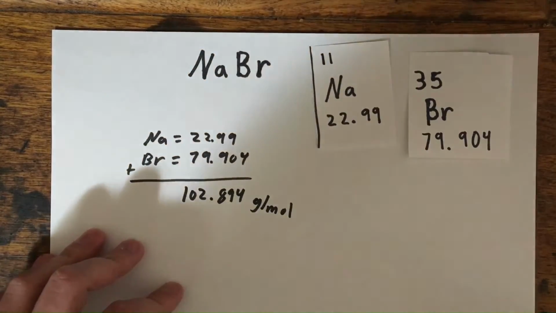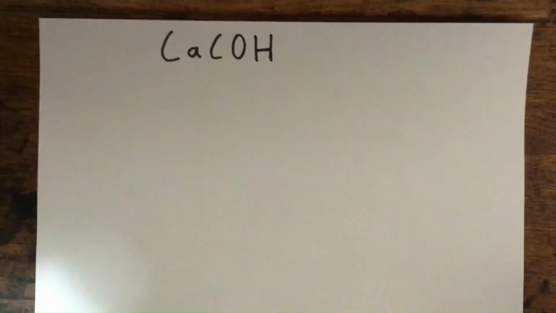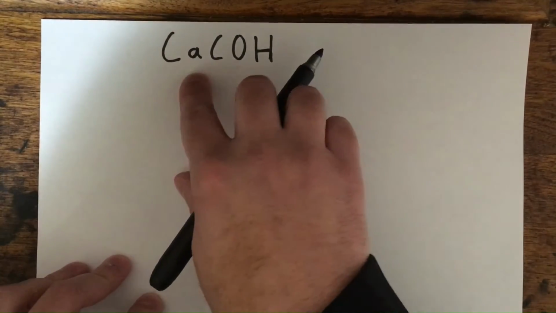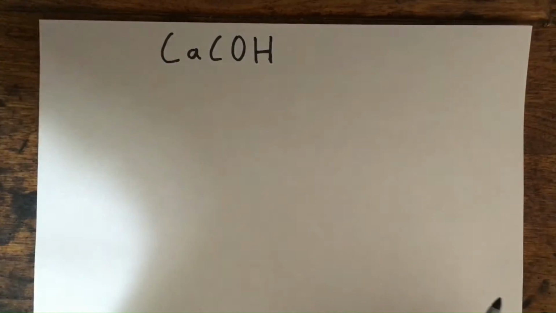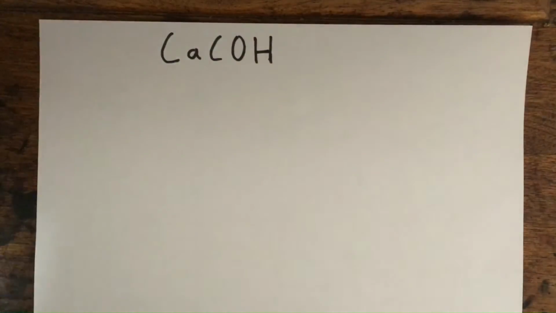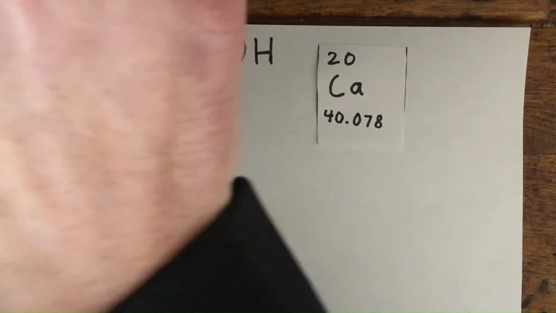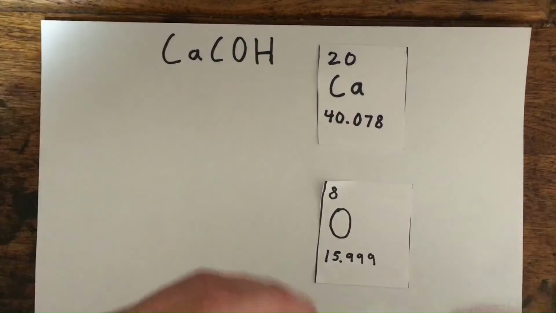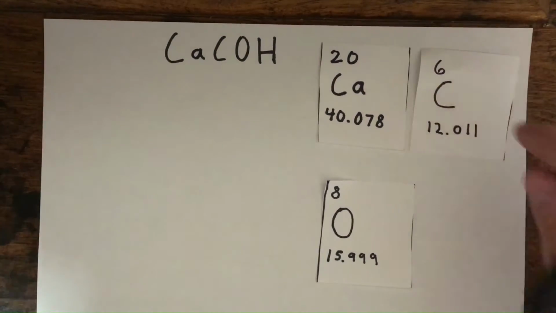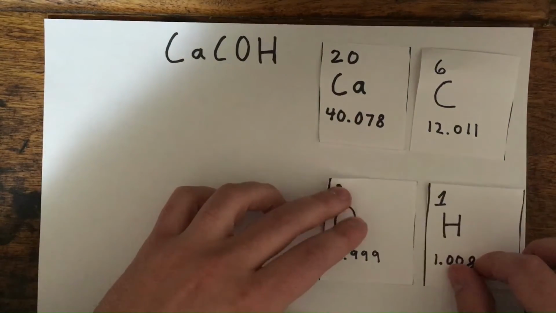Let's look at another example. Here we have CaCOH. So that's calcium, carbon, oxygen, hydrogen. So let's see. Calcium, oxygen, carbon, and hydrogen.